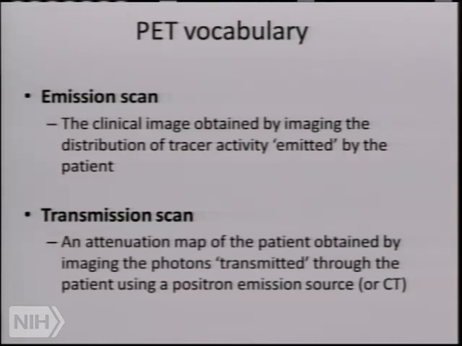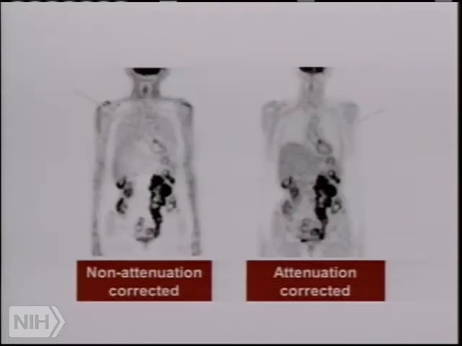But another scan that has to be performed is the so-called transmission scan, which is a map of the patient indicating what the likely path of the gamma ray or photon is through the patient and how much that is likely to attenuate the gamma ray. So the reason why that's important is if you don't correct for it, you get artifacts like this where there appears to be activity in the lung where there really isn't. But after you correct for the attenuation of the lung, you can get a much more reasonable image of what's going on.